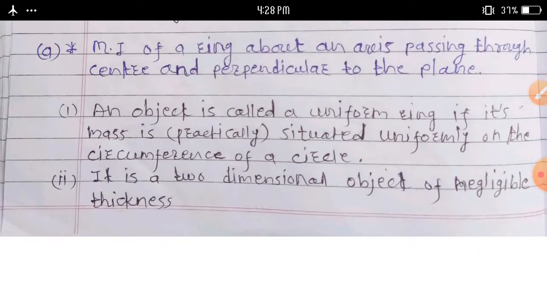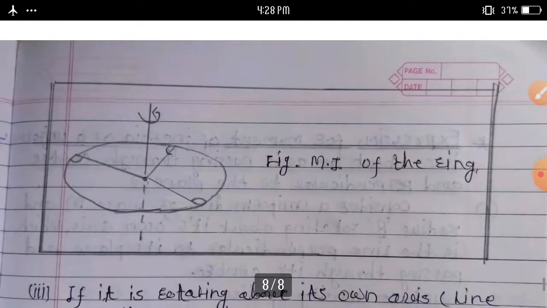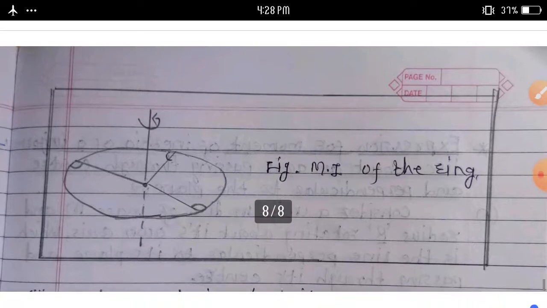And the last topic we discuss here is the moment of inertia of a ring about an axis passing through the center and perpendicular to the plane. See this diagram. First we consider what we mean by a uniform ring.